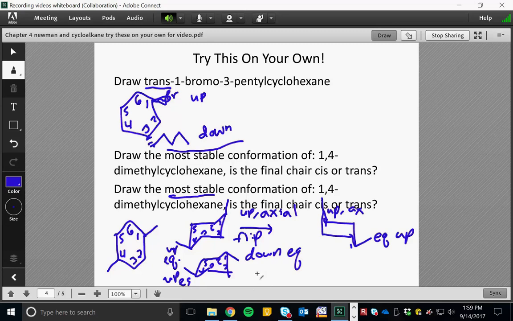To make the least stable version, we would actually do the flip. And when you do the flip, remember you're going to take carbon number 1 and bring it down, and carbon number 4 and bring it up. That would put that methyl group in the down position, because what was down stays down, but it makes it axial. And on the carbon number 4 position, what was up stays up.